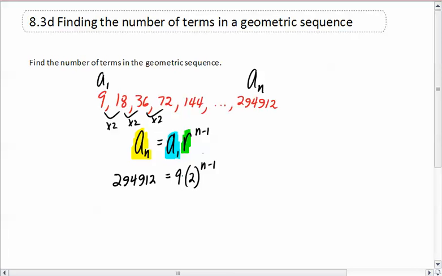What I can do is peel away at all the little pieces that are getting in the way of my finding the n. So I'm going to divide first by 9. When I divide by 9, here's what I get: 32,768. Okay. Now I'm down to just 2 to the n minus 1.